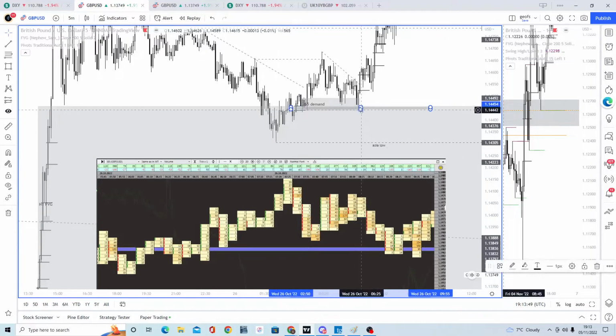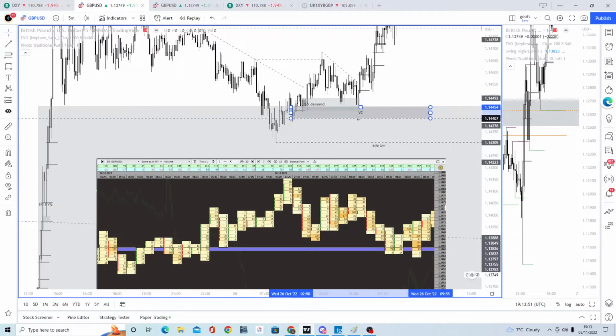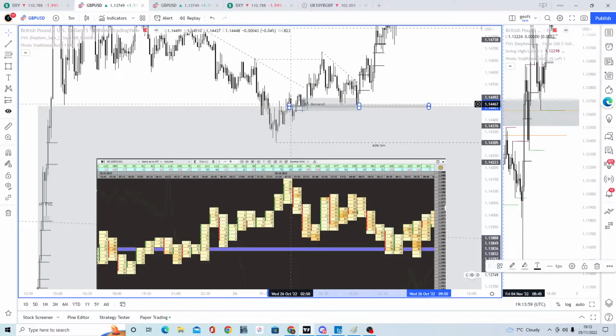You can't see it's called a VC until we open up a bit, but there you see. So halfway down this down close candle, and that represents structure. And if you go back in time, you can see indeed it is a structural level.